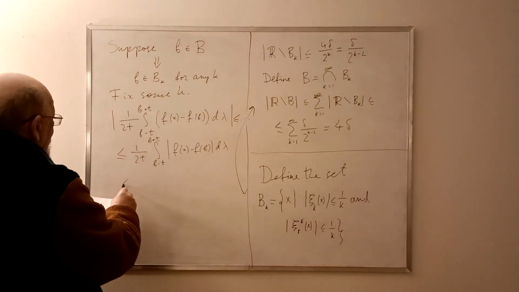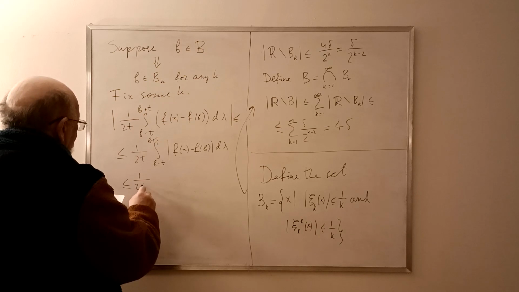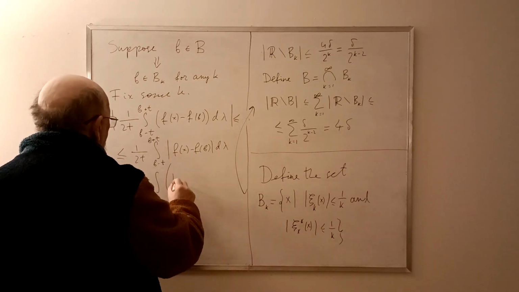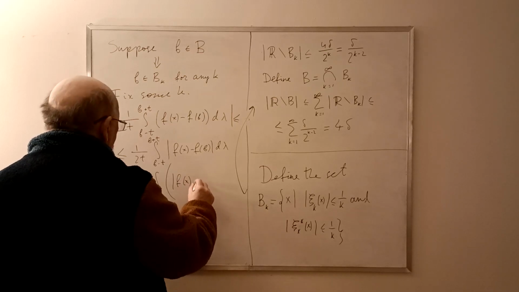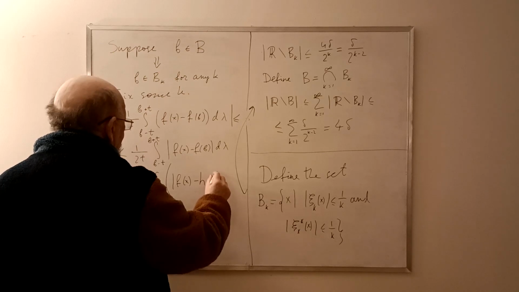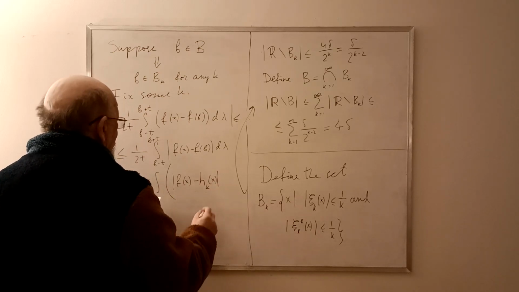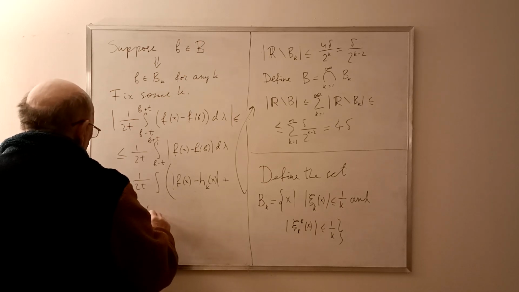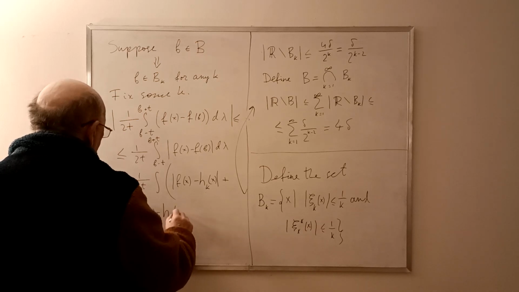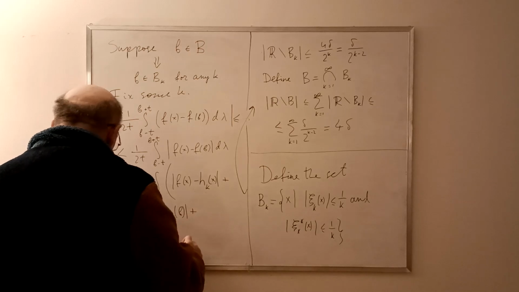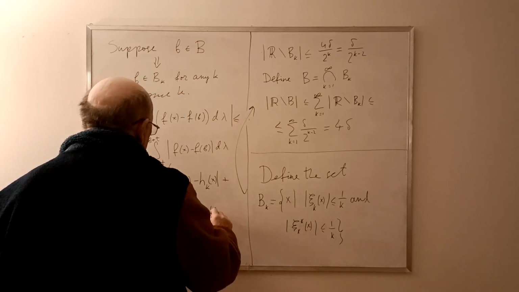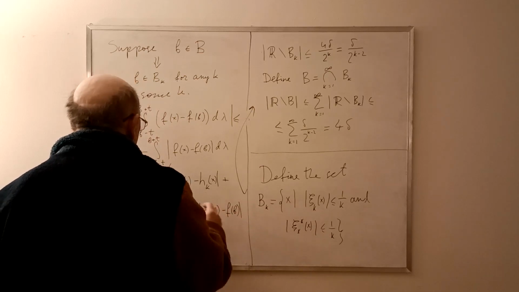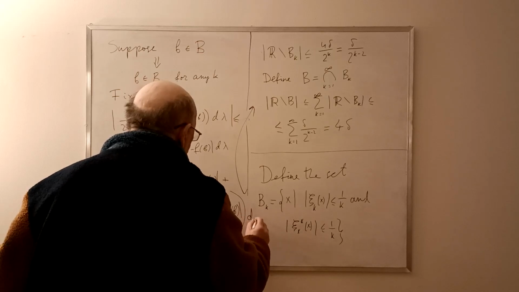And now we transform this, less or equal 1 over 2t integral of what? fx minus hk of x, it is k of x, plus module hk of x minus hk of b, plus module hk of b minus f of b, d lambda.